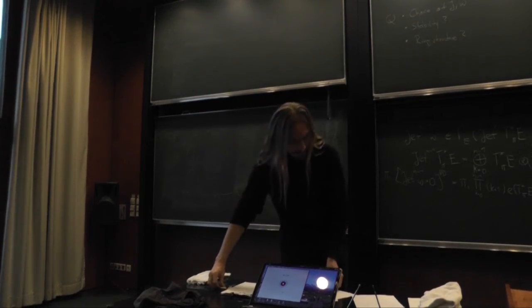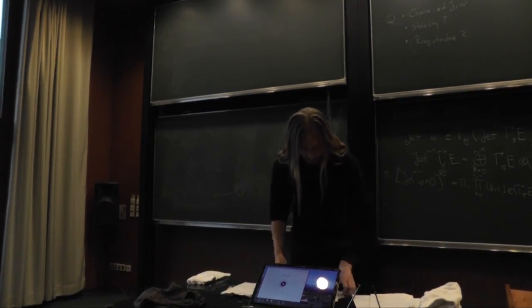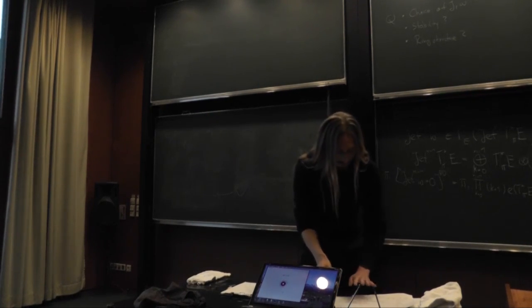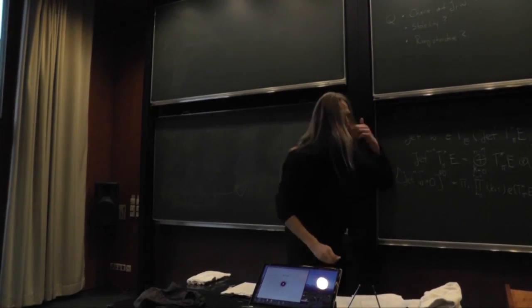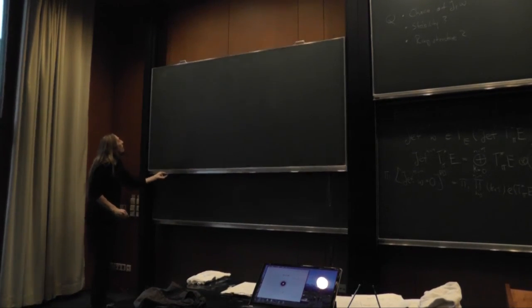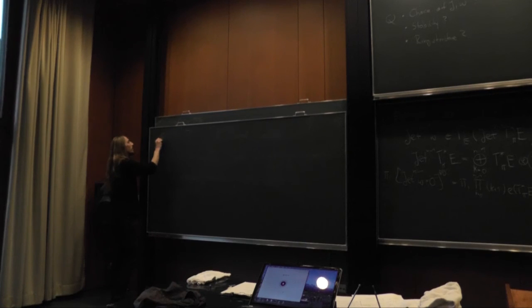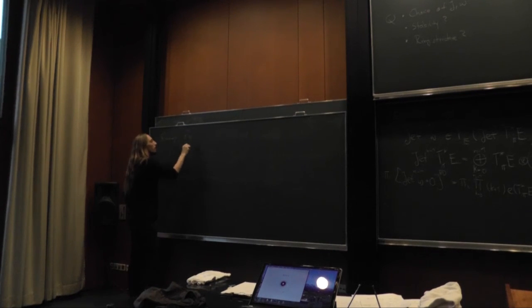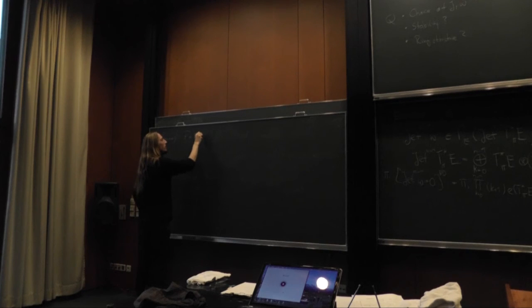Okay, so I think I skipped one computation. No, I tried to summarize this. So the summary is that I have sigma in the partitions. Yeah, these are the symmetric partitions of some number, say 2g minus 2.